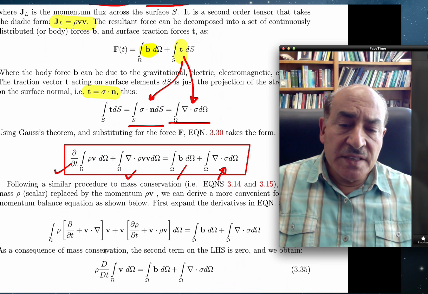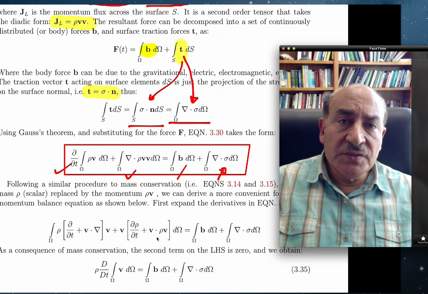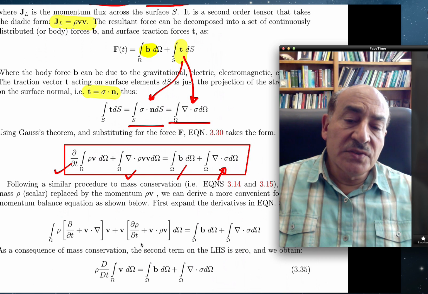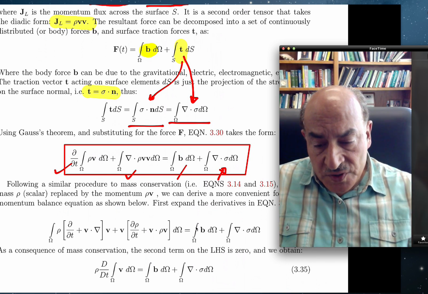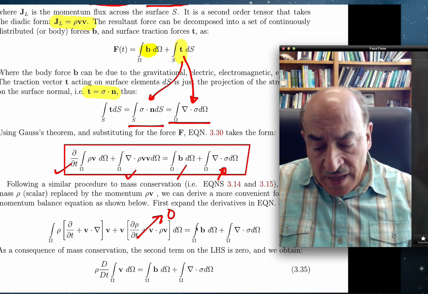And then this second term, we have used it before. This is the conservation of total mass, and therefore that is equal to 0. So as a consequence of mass conservation, this term is going to drop out, and we have a 0.